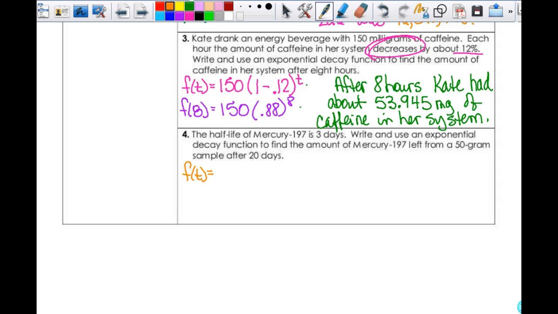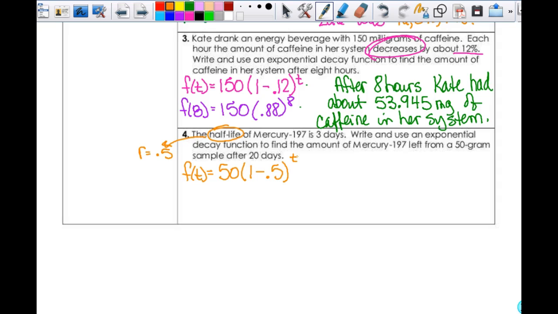So we started with 50 grams. And then it's 1 minus, but it didn't give us a rate. What's the rate here? It's 0.50, because that's what half-life is, right? So your rate is 0.5 to the t power, okay?